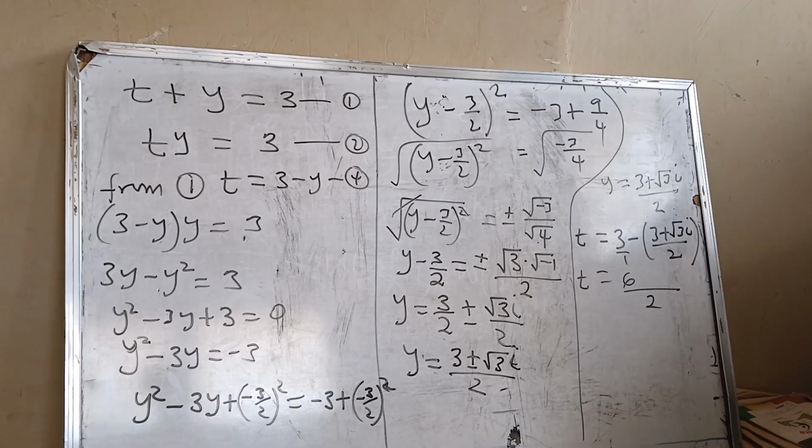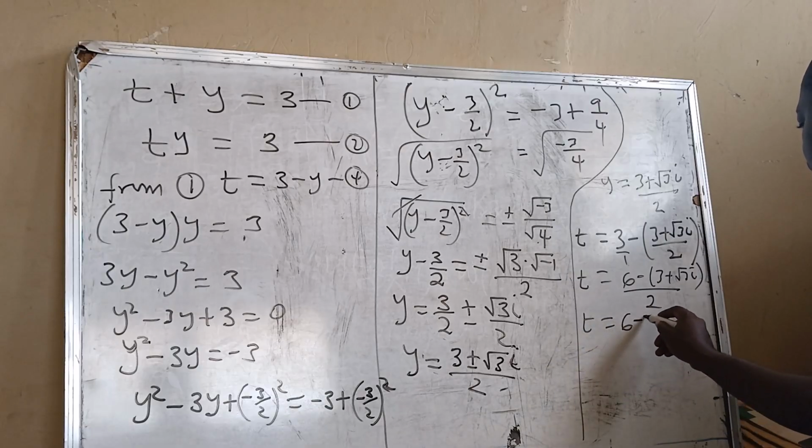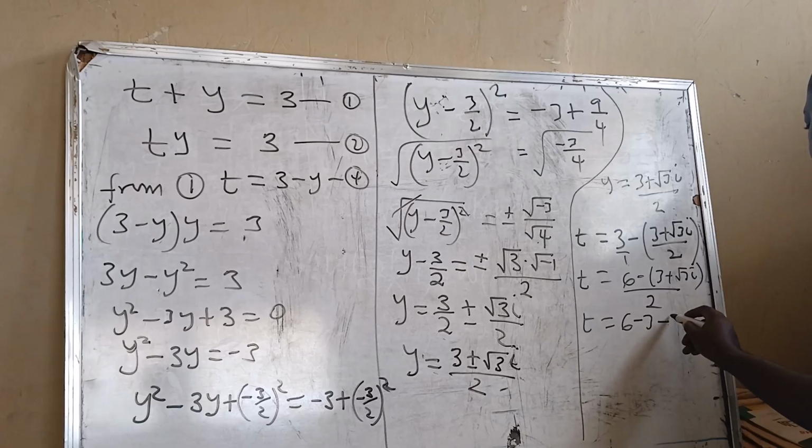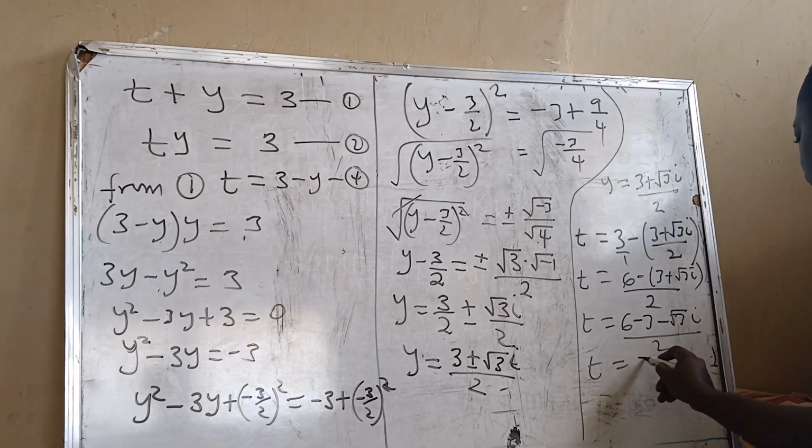So minus, 2 into 2 is 1, so we have 3 plus the square root of 3 i. So that will be t equals (6 minus 3 minus the square root of 3 i) on 2. So my t will be (3 minus root 3 i) on 2.